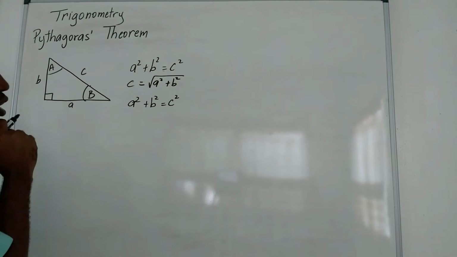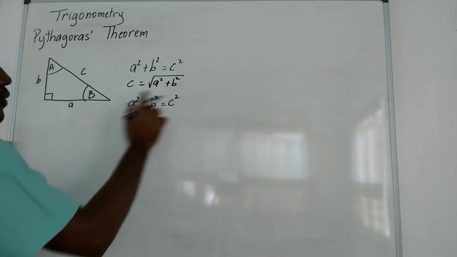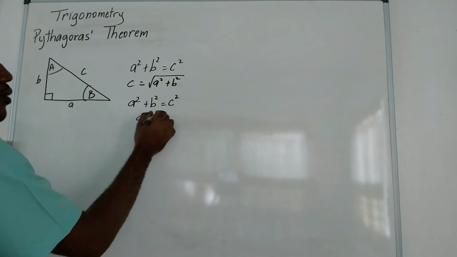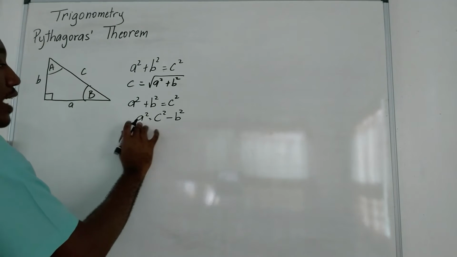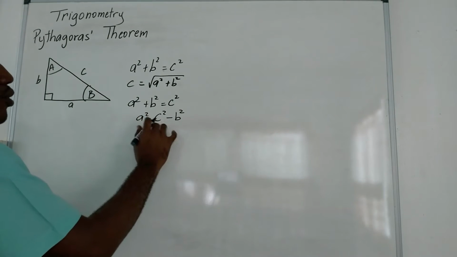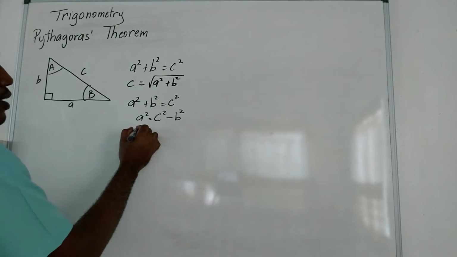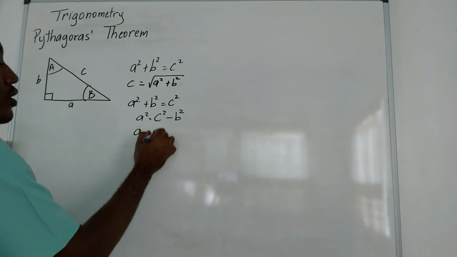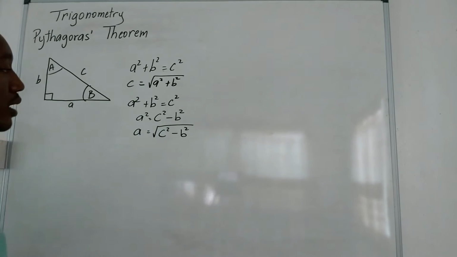So we take over our b squared. So A squared is equal to c squared minus b squared. So to find A, we find the square root of c squared minus b squared. So A will be equal to the square root of c squared minus b squared.